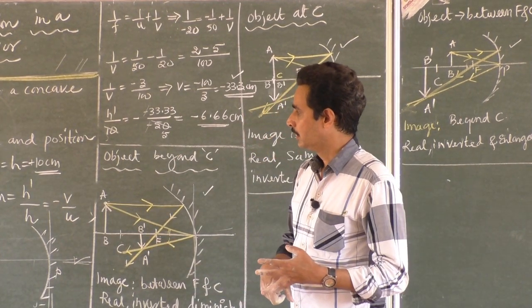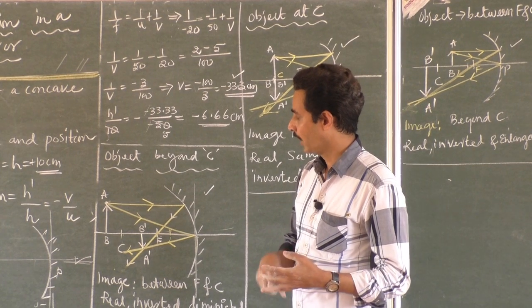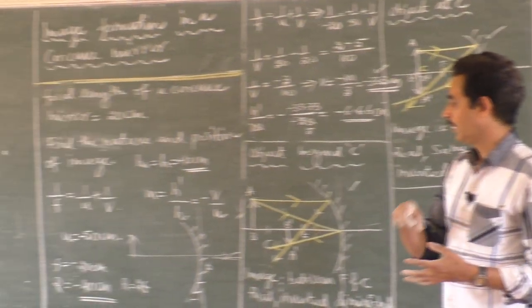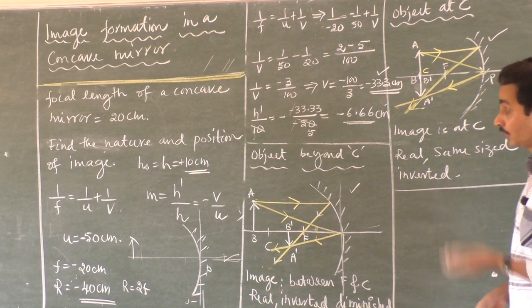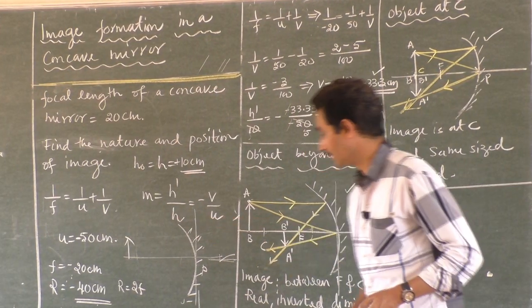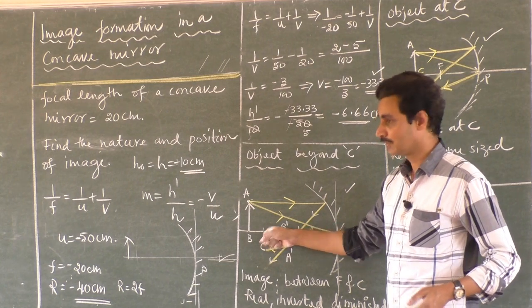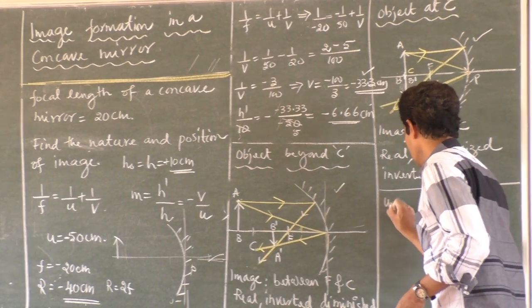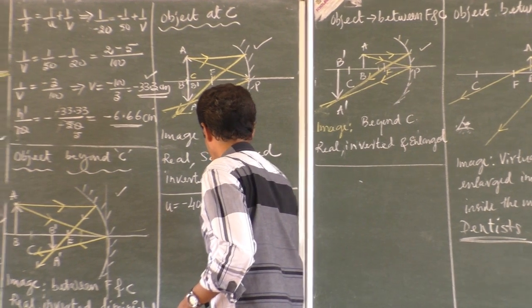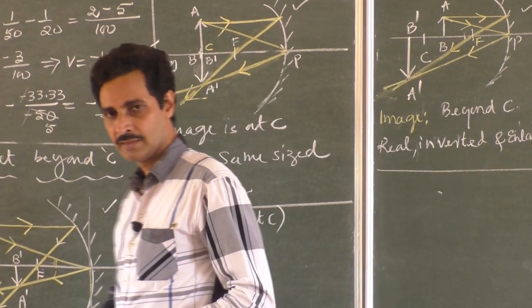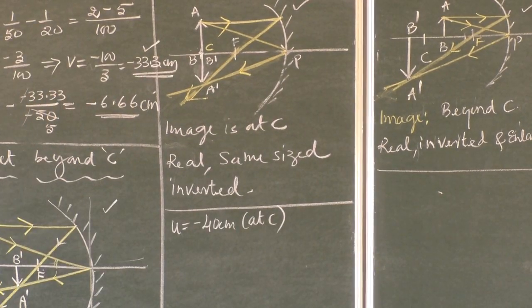Height of the object 10 centimeters. But the object is not kept at 50 centimeters, it is kept at C, that means 40 centimeters. I'll take u is equal to minus 40, that means at C. We should get image at C, inverted, same sized.